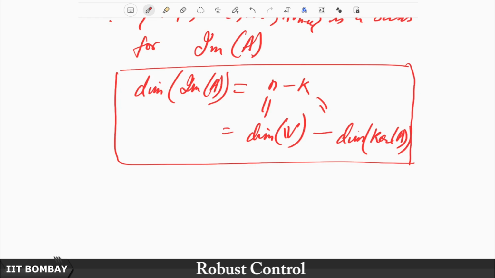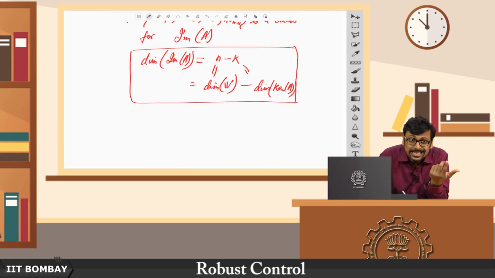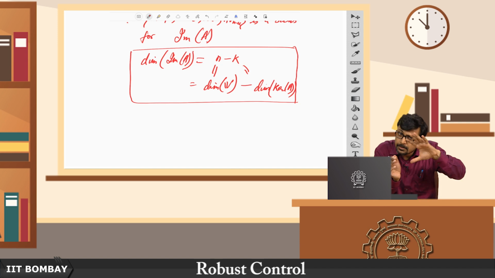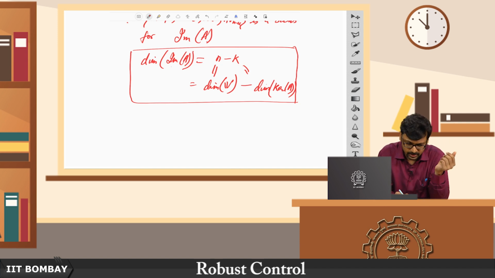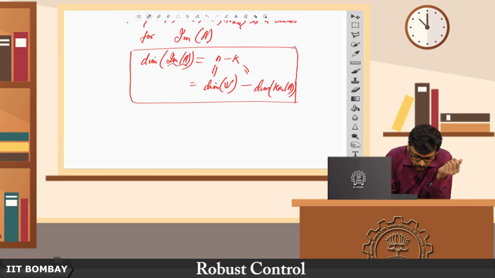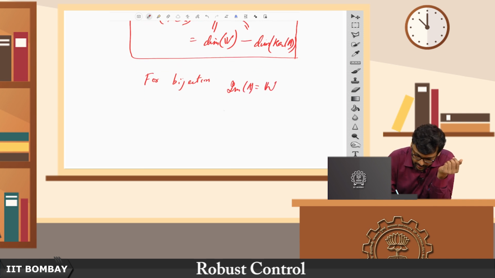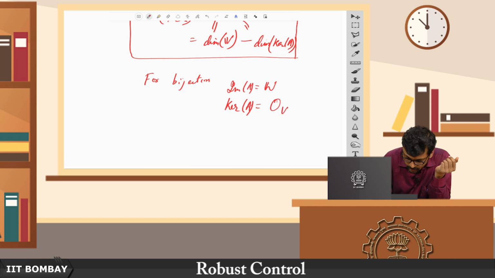Due to surjection, the image of A will be the entirety of W itself, right, because every element in W has a pre-image in V. So the image of A reduces to W. So for a bijection, image of A is equal to W, and kernel of A is just the 0 subspace in V.